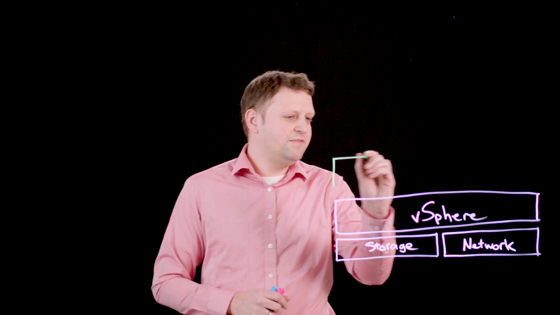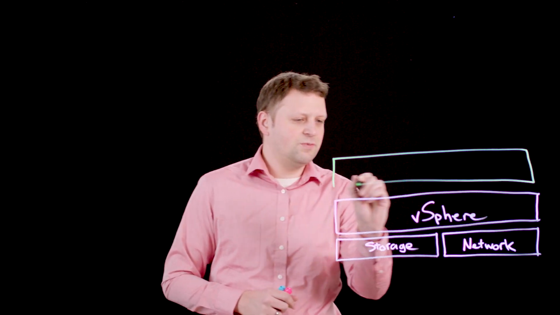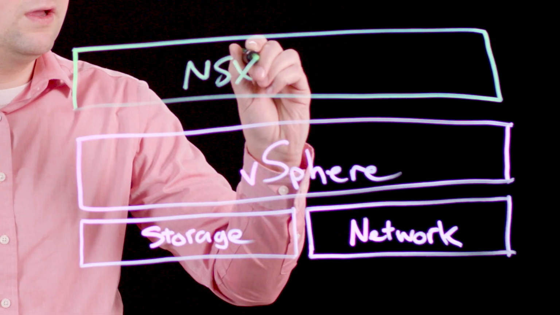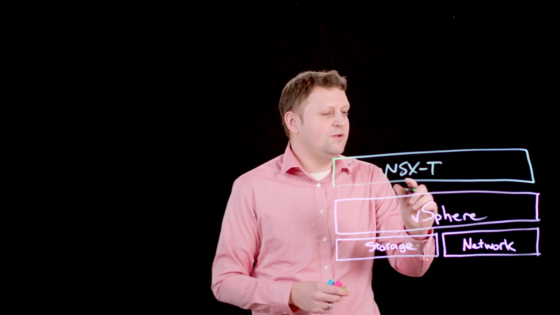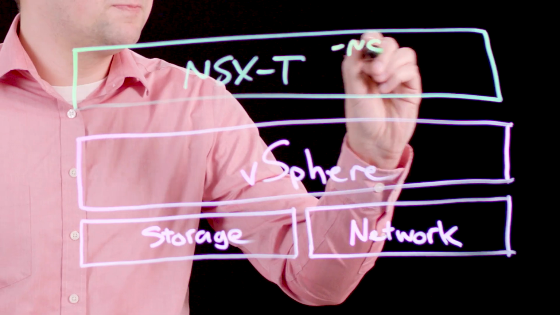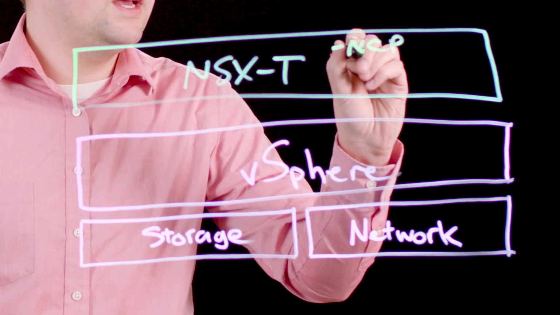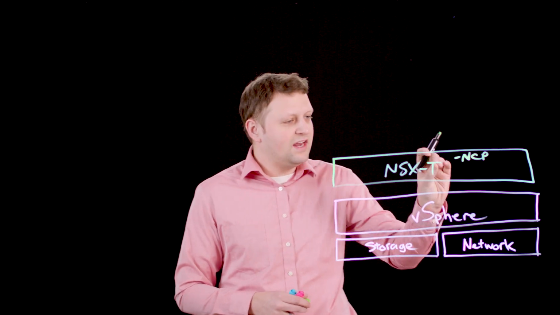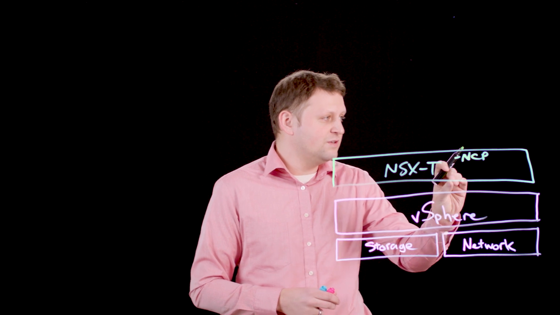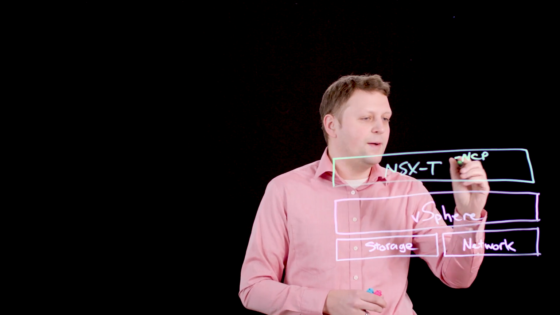So on top of vSphere, one of the first things that we end up seeing is software-defined networking for containers in the form of NSX-T. And what NSX-T really brings is a couple different things. It brings the network container plugin for container architectures so that there is a native interface for networking for containers in the infrastructure as it's stood up.